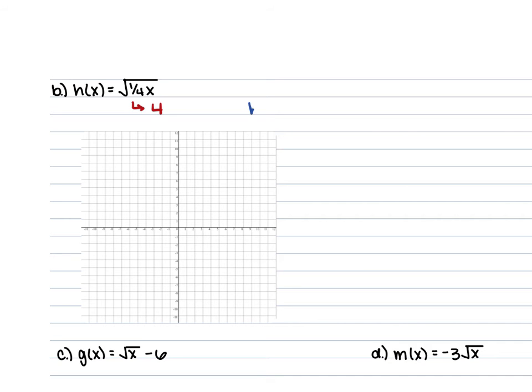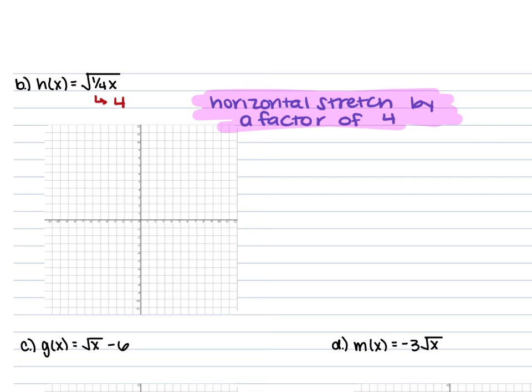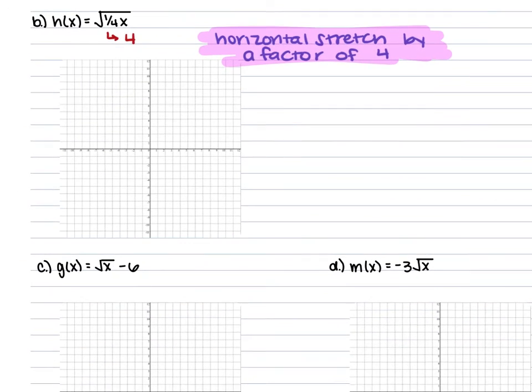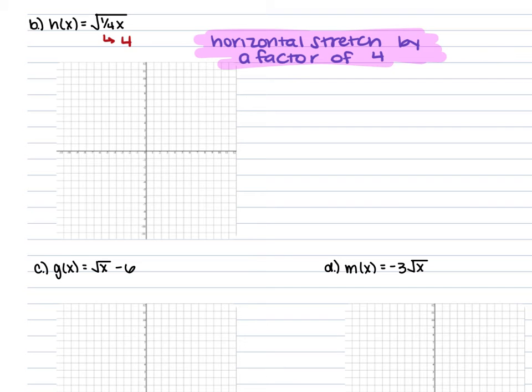So we have a horizontal stretch by a factor of 4. For example C, we have g of x is equal to the square root of x minus 6. For this one, that minus 6 is after the radical, so it's happening vertically. We're going down 6 units.